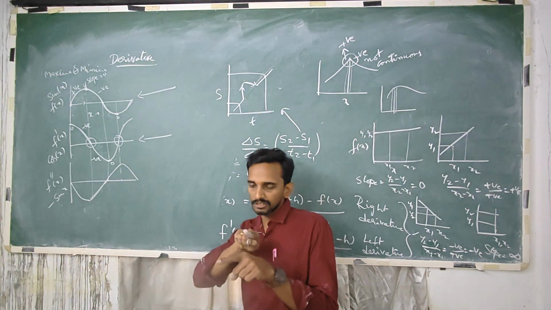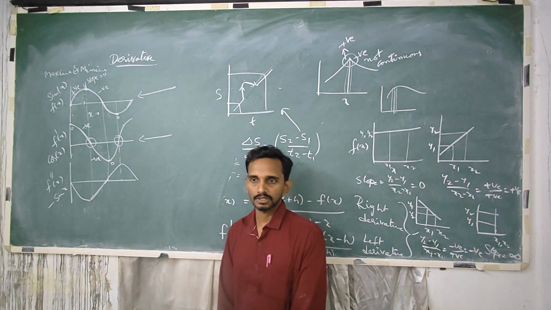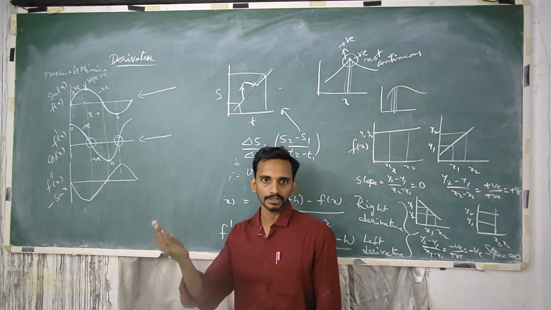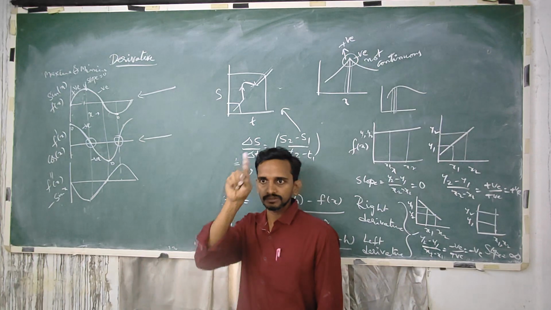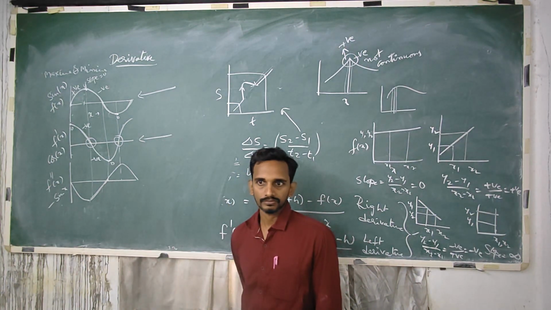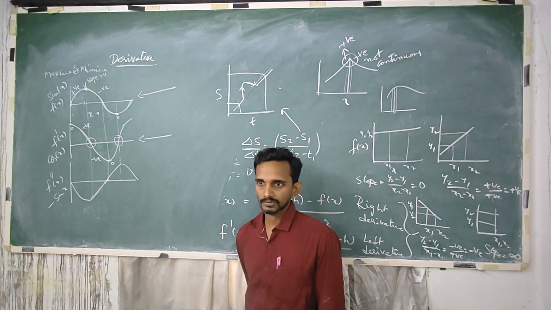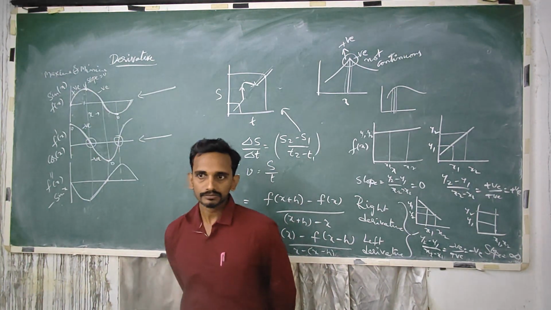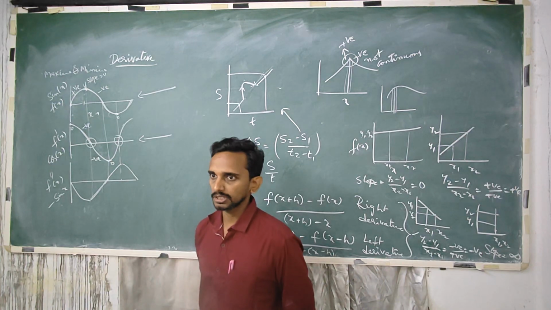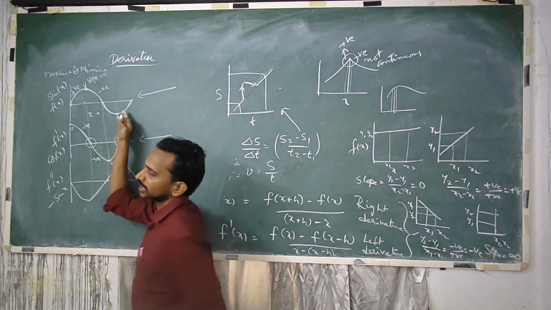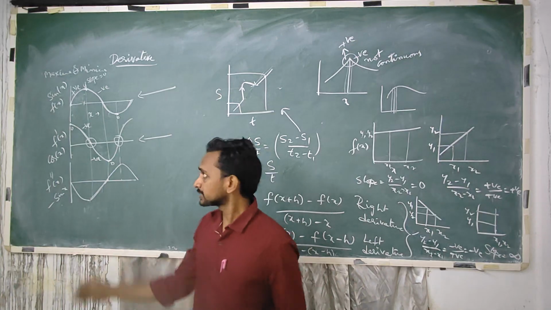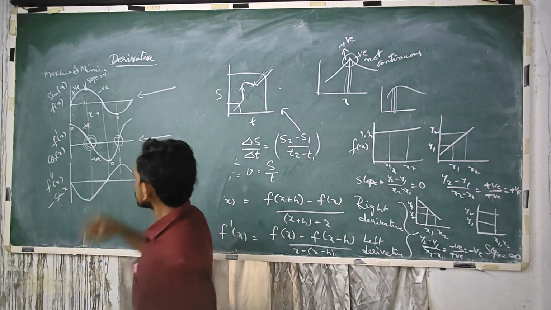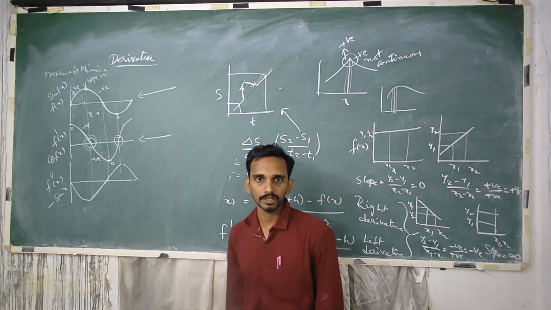Because that is the point where the function takes a turn. On one side of that point, you'll have positive derivative, and on the other side, negative derivative. So in between positive and negative, you get a 0 derivative. So that is a turning point for the curve. That may be a positive peak or a negative peak. Whatever may be the situation, when the slope of the function becomes 0, you'll get either maxima or minima.